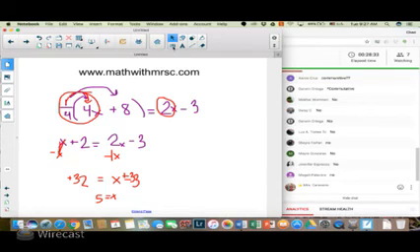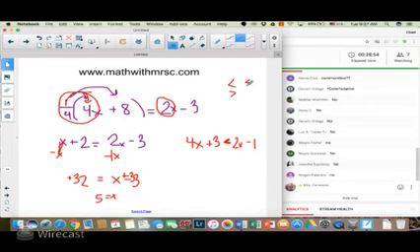Just like an equation, but it would be for something like this. So that is the inequality that we have: less than, greater than, less than or equal to, or greater than or equal to.